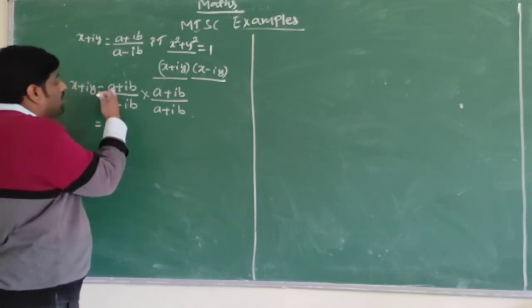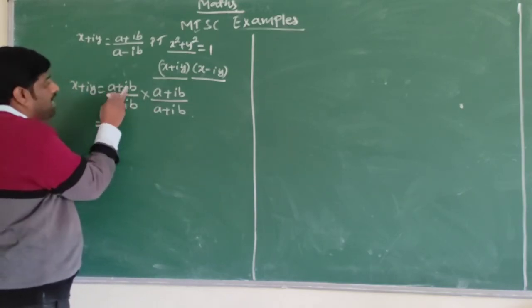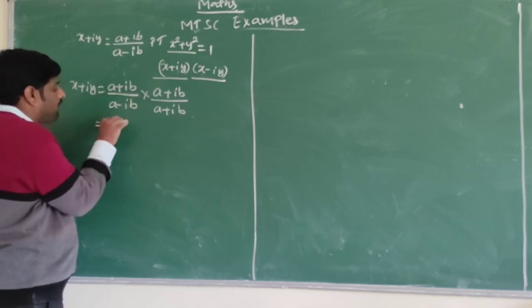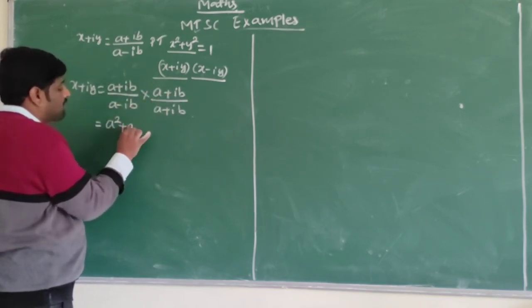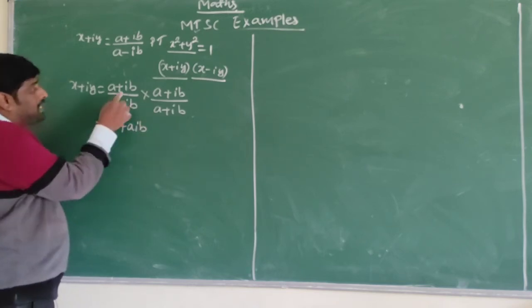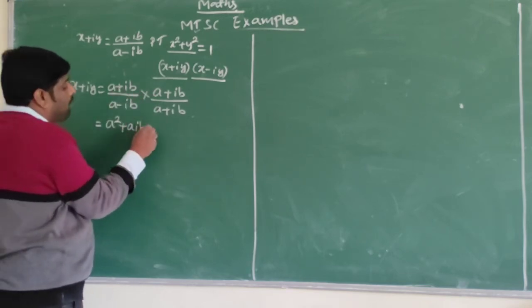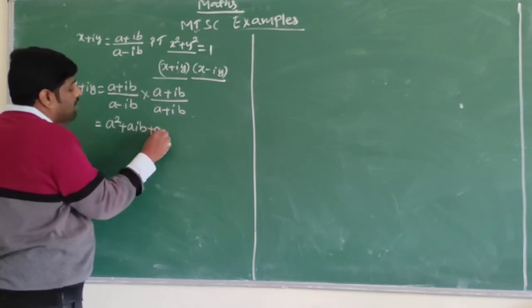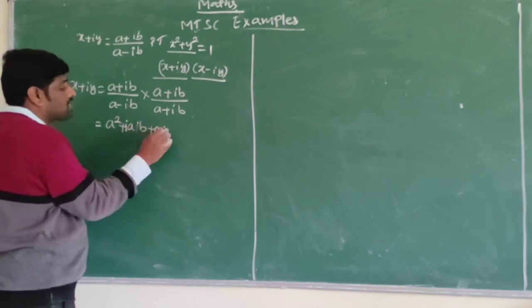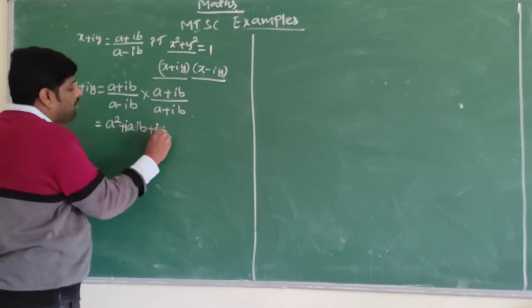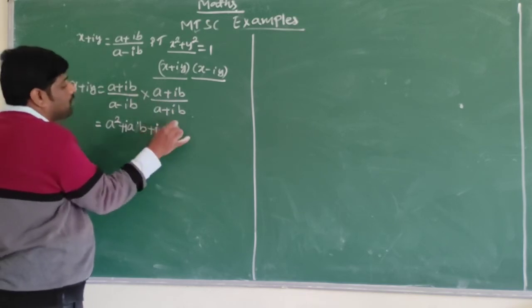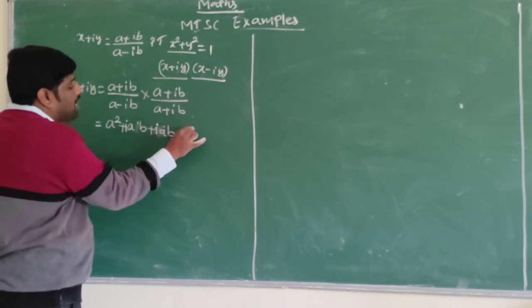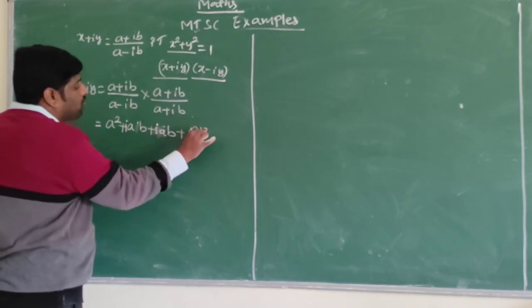Otherwise we can take the multiplication, no problem. a into a square plus a into ib plus aib plus ib into ib, that is i square b square.